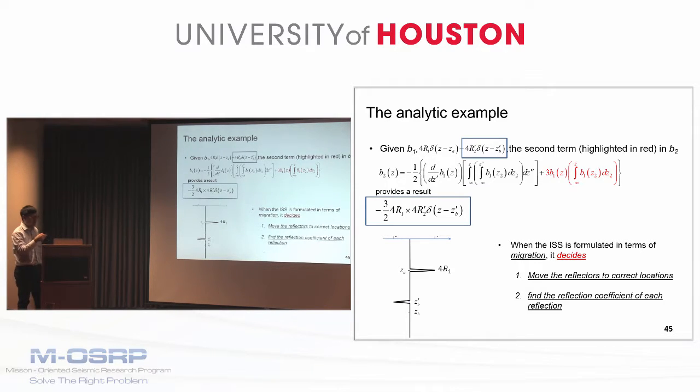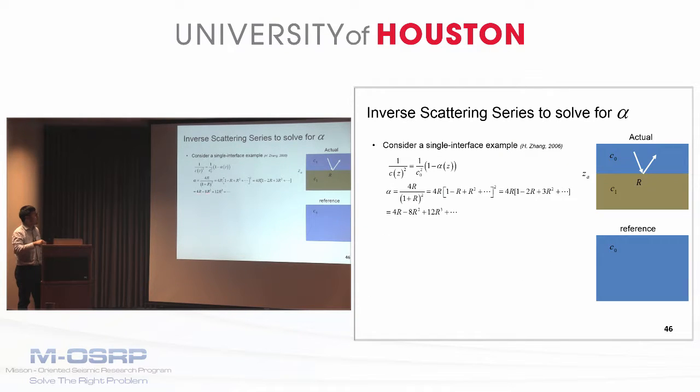This is different from the story when we formulated the ISS in terms of alpha 1. When we formulated it in terms of alpha 1, let's consider a single layered example, as Professor Weglein also used. We can consider a layered acoustic medium with C1 over C0, and the reference as C0.